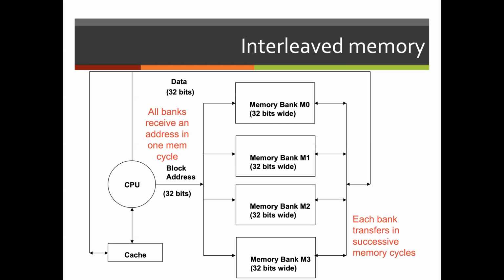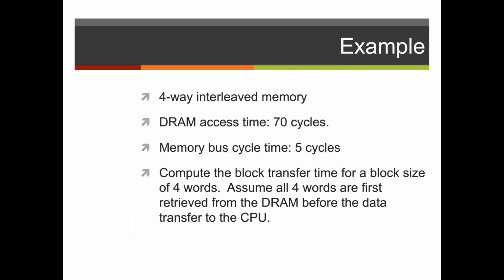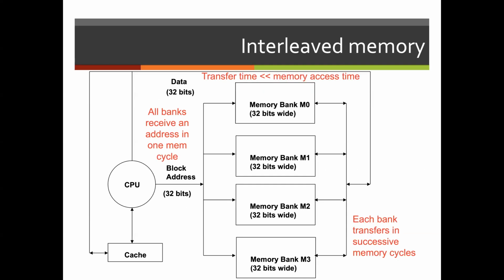So this means that the banks will work in parallel, and each one is going to retrieve a word of the block and is responsible for its respective word during its DRAM array cycle. Once retrieved, the banks can then turn around and send this back to the CPU. And so this allows for parallel retrieval to cut back on time.